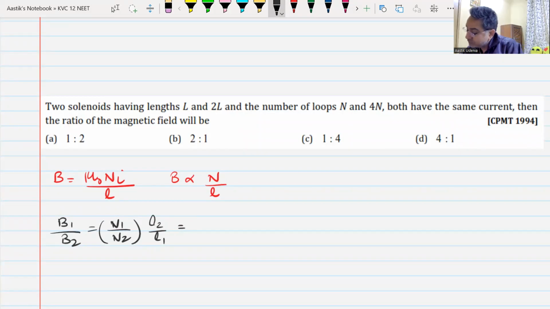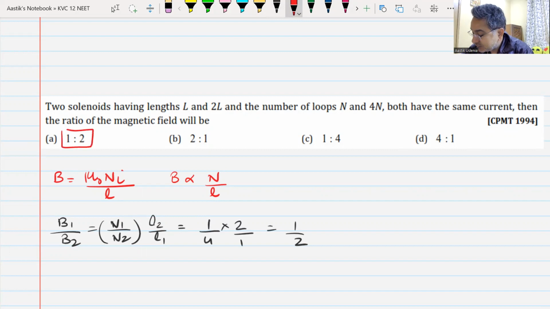N1 by N2 will be 1 by 4. L2 by L1 would be 2 by 1. So I get the answer 1:2. I am very bad with ratios, but I hope I have done it correctly, and the answer, it seems, is option A.